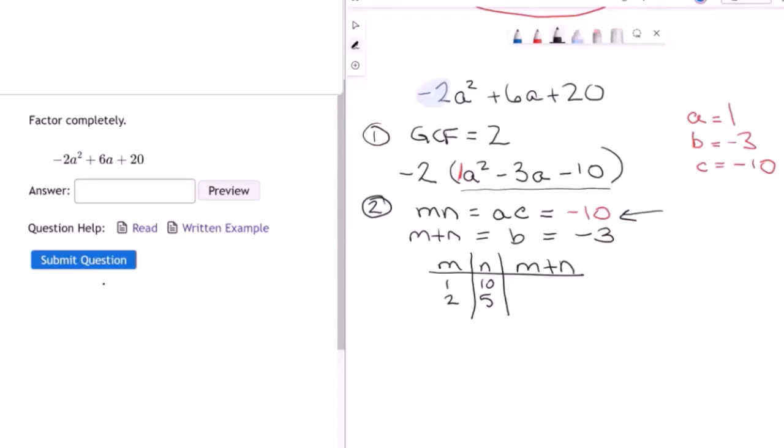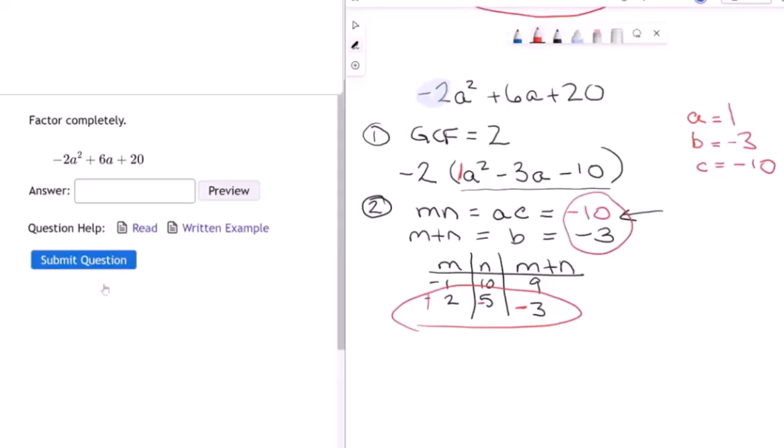That's all the factors. I'll make this side negative. I'll add them together. Oh, I made the wrong side negative again. Here's my answer, but I flipped the signs, and now I have my answer. This becomes -3. So it satisfies this. m times n is -10. m plus n is -3.